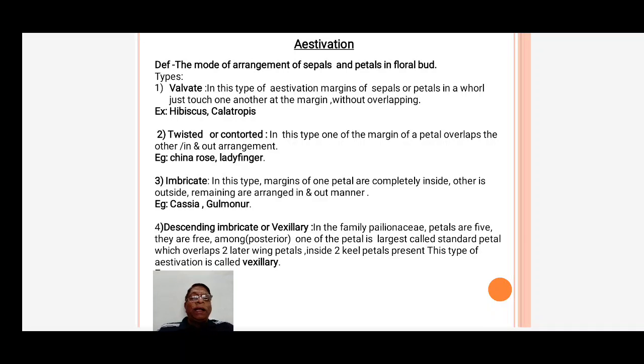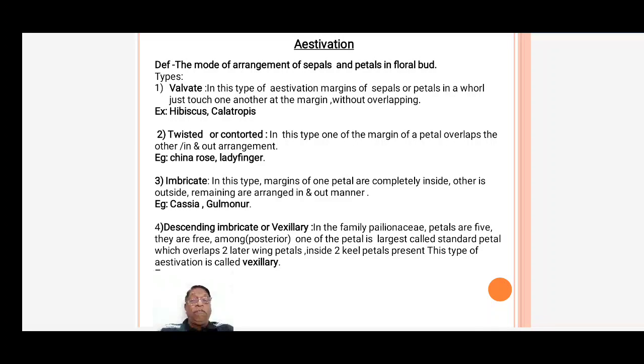One of the petals or sepals is completely inside, means two margins are inside. The other one is completely outside, two margins. The remaining three are in and out arrangement. Example, cassia, gulmohar.